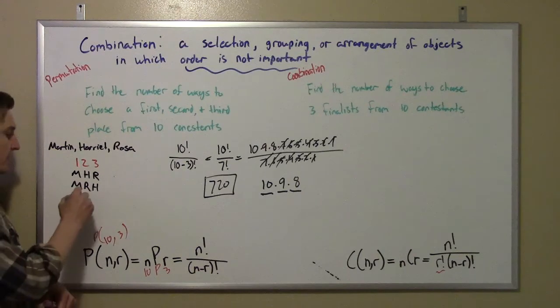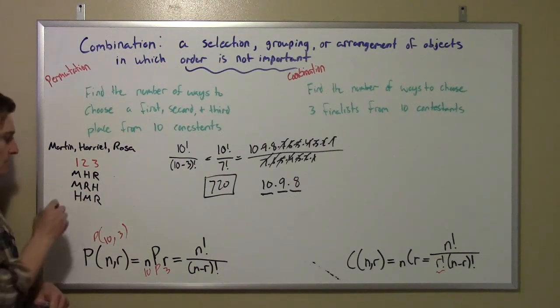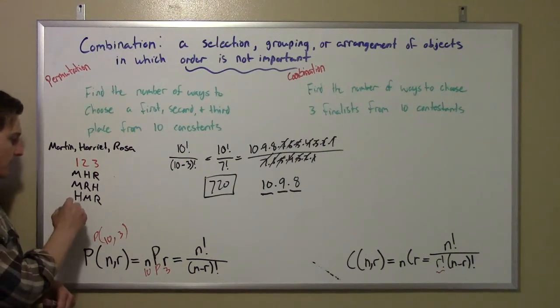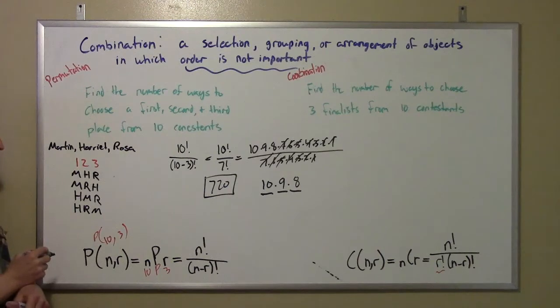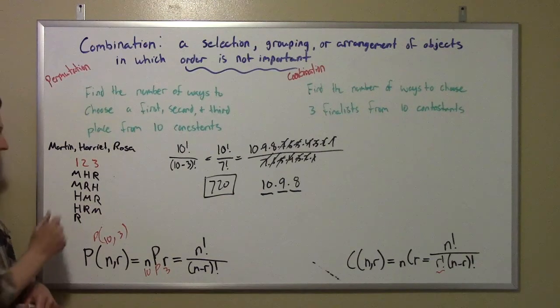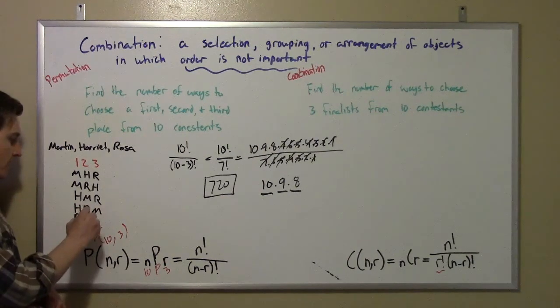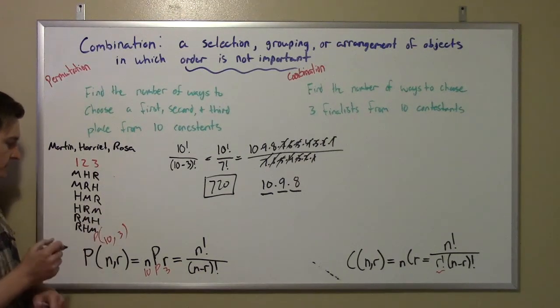So you could have Harriet in first, Martin in second, Rosa in third. Okay, you could have Harriet in first, Rosa in second, and Martin in third. Okay, those are the options where Harriet is in first place. Okay, let's look at the options where Rosa is in first place. So you could have Rosa, Martin, Harriet, or you could have Rosa, Harriet, Martin.